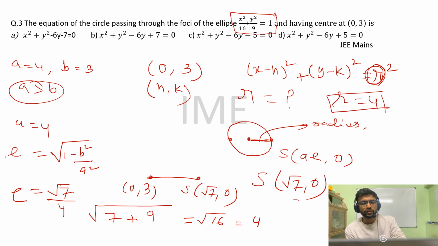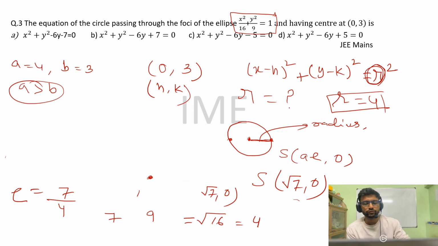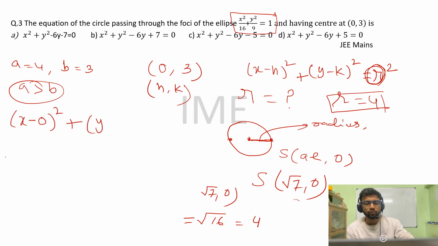So we are given the center as well as the radius. Now we will just put in the given values. Here x minus h is 0, so 0 square plus y minus 3 whole square is equal to radius square, which means 16.